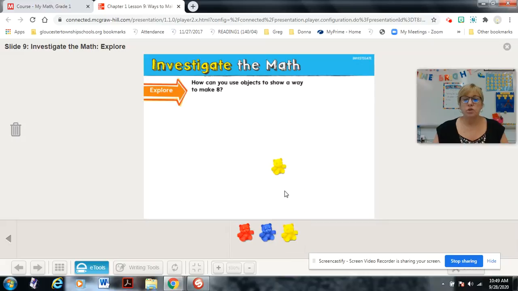So we're going to just pick 2, 3, 4, 5, 6. Now notice I'm stopping with the yellow, but I'm going to keep counting on. 7, 8. So here's a way to make 8. 2 plus 6. Okay? So when you have a color, you count on and you stop at 8. All right, good job.